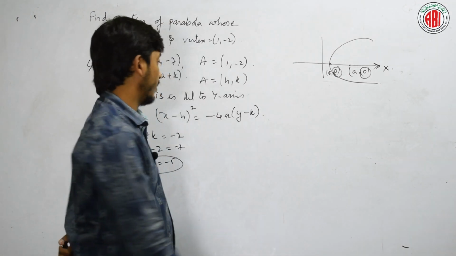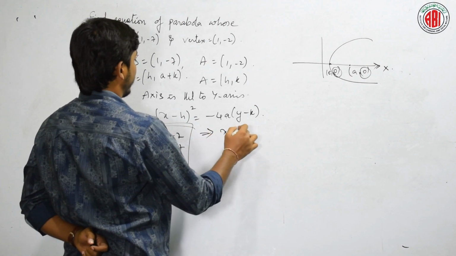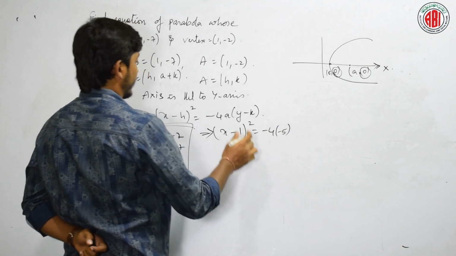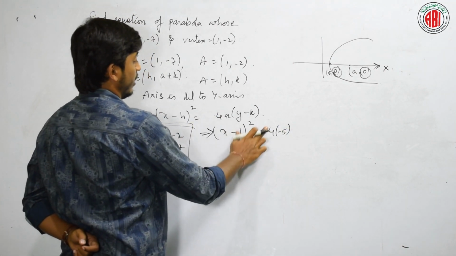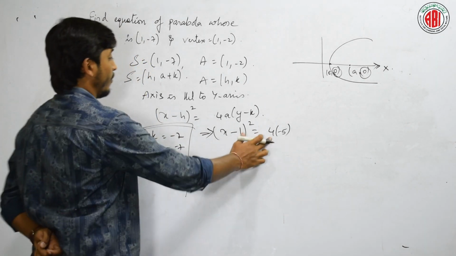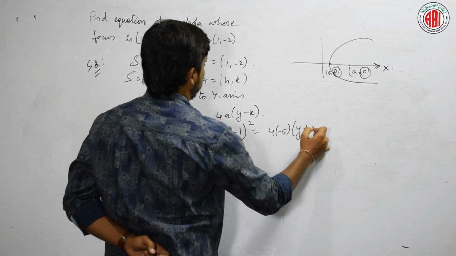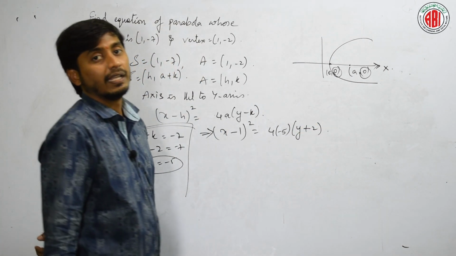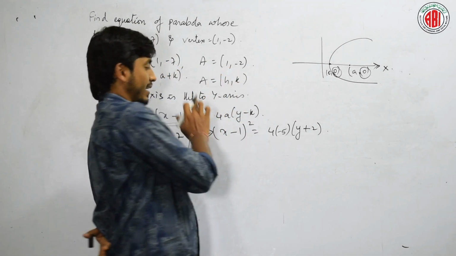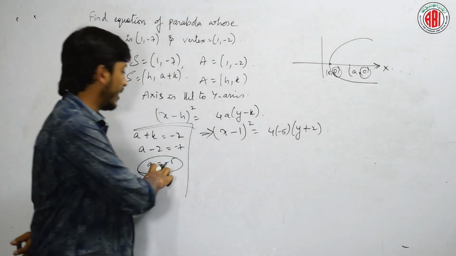Now, see here. From this equation, x minus 1 whole square is equal to minus 4 into minus 5, that is 4a, right. Let me put it as it is, however, we will get a as negative, you need not worry. 4 into minus 5 into y minus k, clear. Keep this as standard, as we know that both are negative, so we will get a negative, but after that also you will get a minus sign.